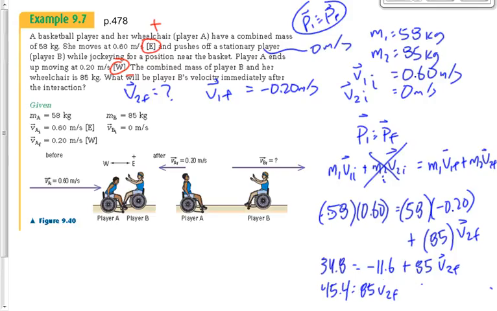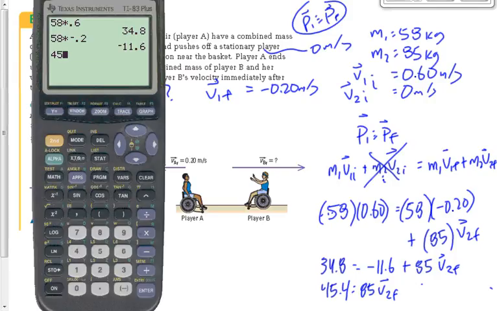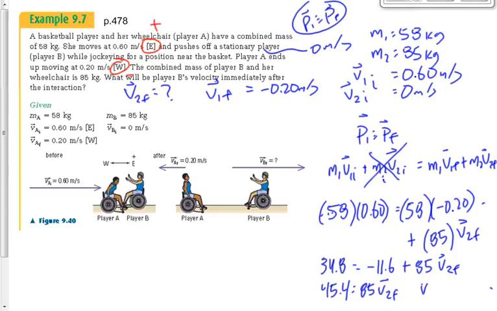And then we're going to solve for V2F by dividing, right? Let's say 45.4 divided by 85. 0.53 meters per second. Is that okay?